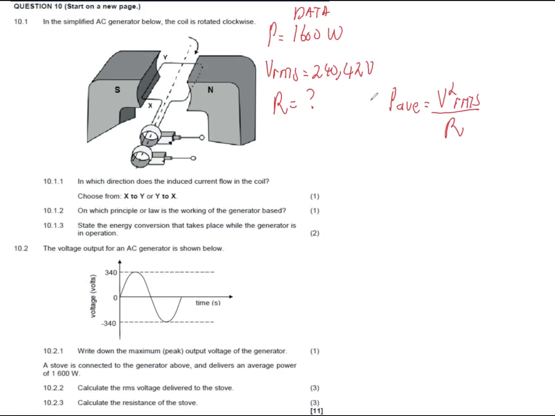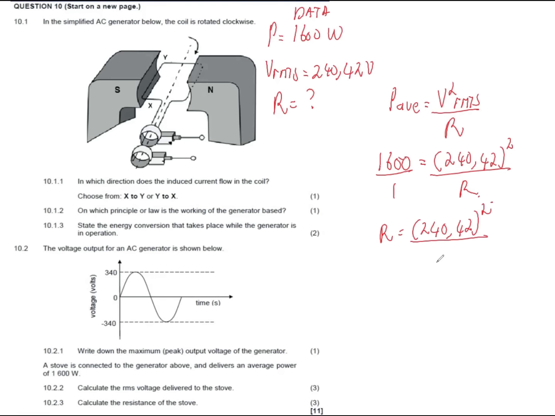Voila. Then your P average, 1,600. Your V RMS, 240.42, and then squared, divided by R. Now, it's a matter of cross multiplying here, meaning those ones will swap. 240.42 and then squared, and then the 1,600 will come over here. The R will come over there. Now let's calculate resistance.